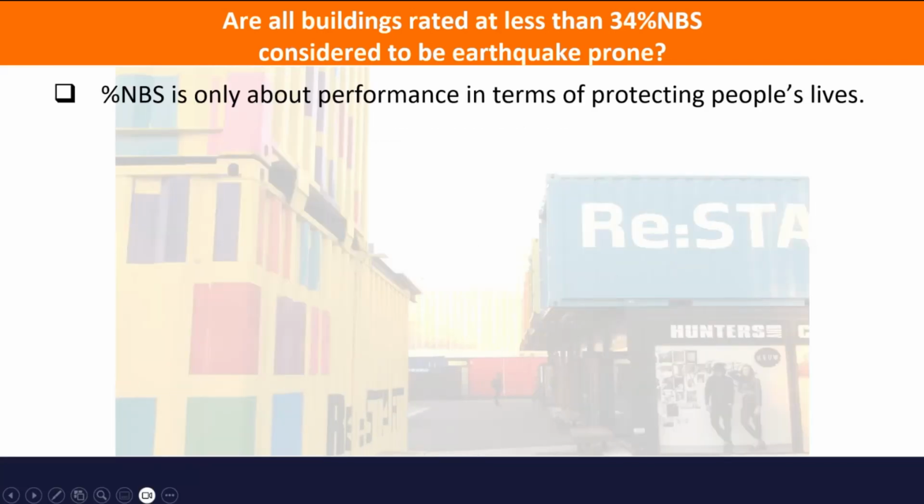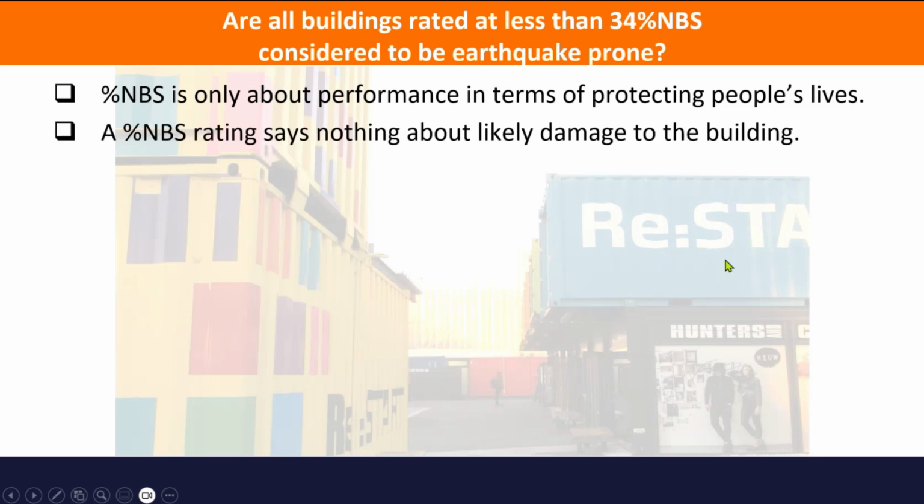NBS, or percent NBS, is about the performance of the building in protecting people's lives. It's not about how the building will potentially stay intact. So an earthquake-prone building, or even an earthquake risk building, is likely to be damaged, and in some cases damaged beyond repair. But a lot of clients don't know that. That's why there's now a drive on to look at low damage earthquake design.